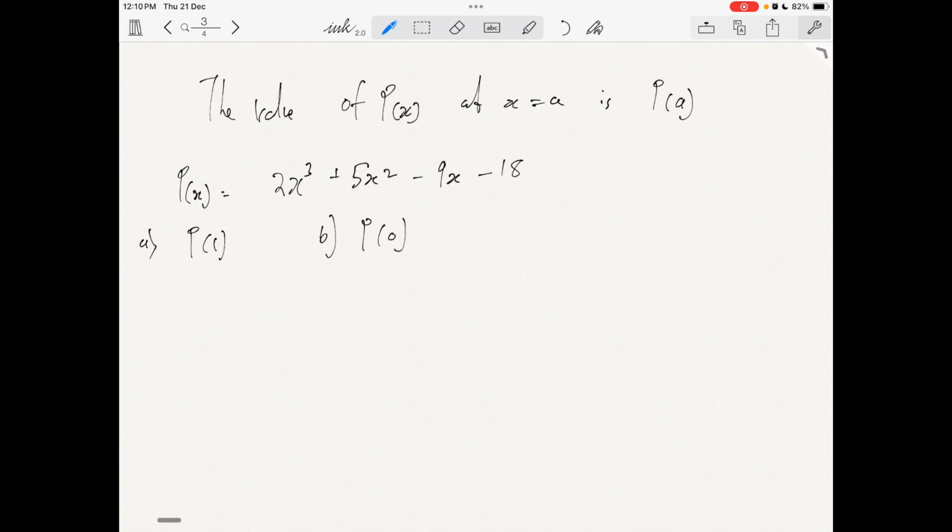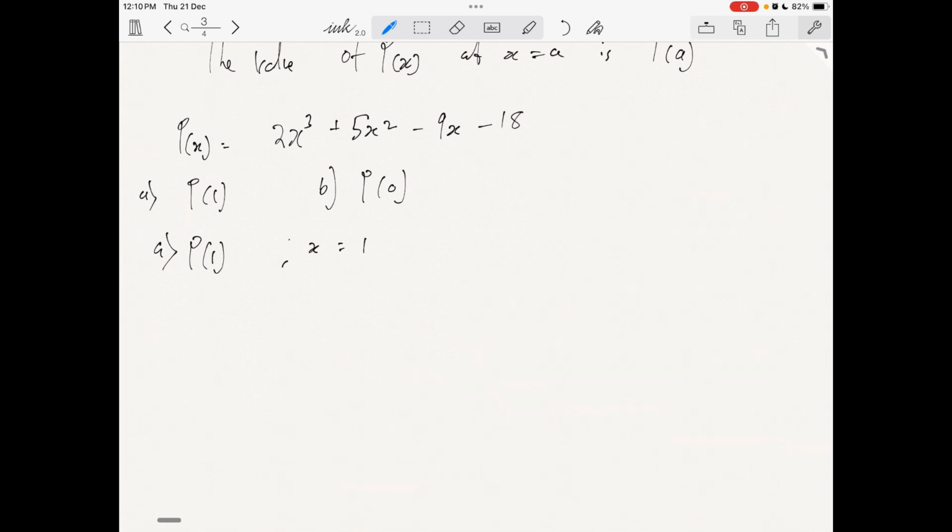Now it's very simple. All we have to do is substitute the value of x with the given number. So for p of 1, x is equal to 1. Wherever we see x, we put 1.